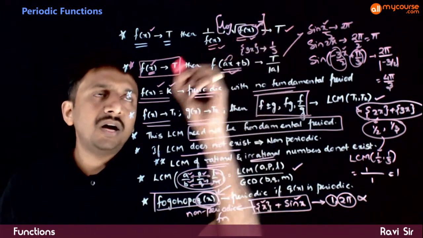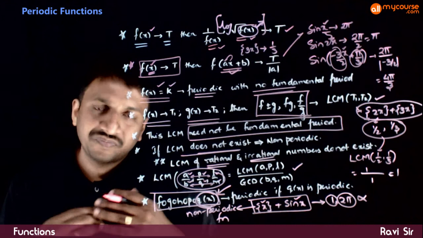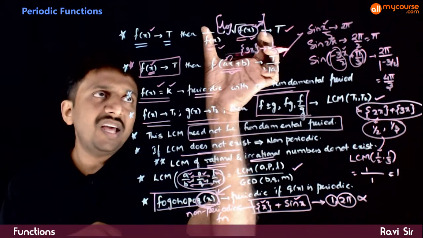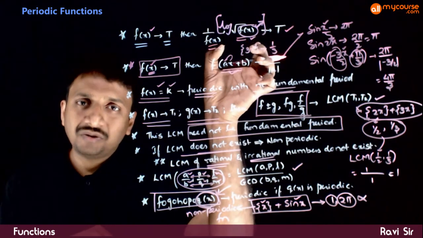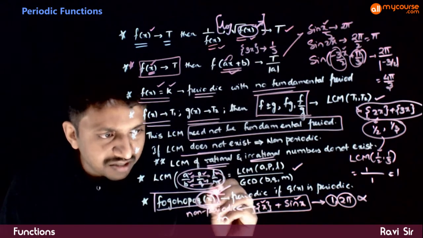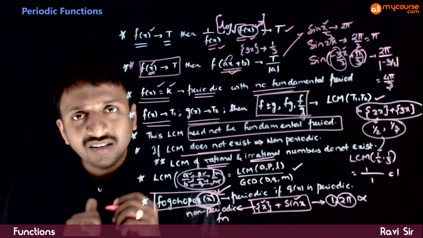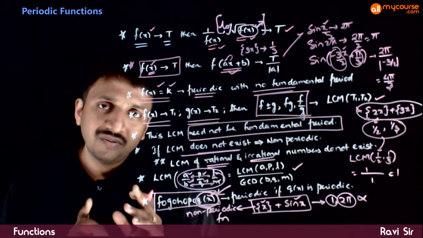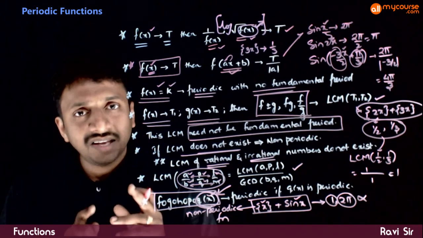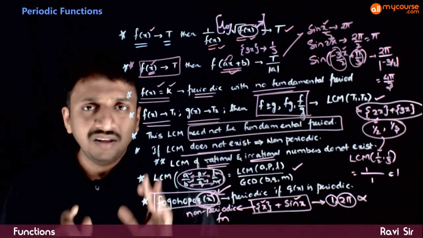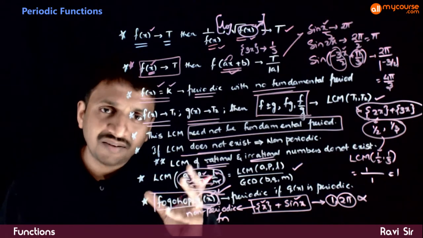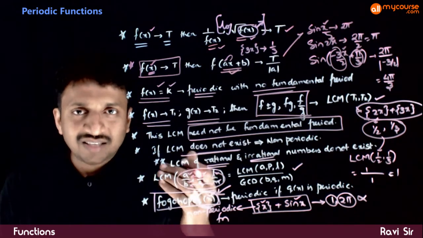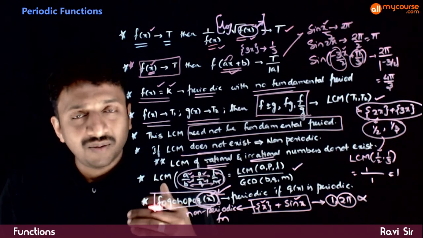Integer part of log root f of x is a periodic function. So on. However many functions you apply, if the innermost function is a periodic function with period t, the whole function will also be a periodic function with period t. Again, it need not be the fundamental period. So once you have a period, you can divide it with successive numbers to see the fundamental period.